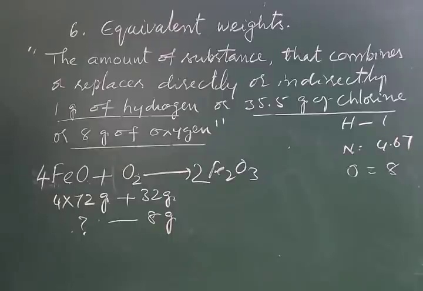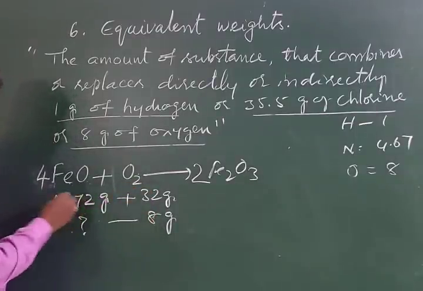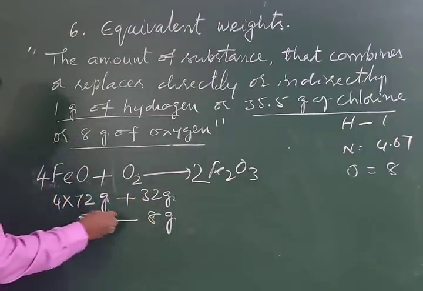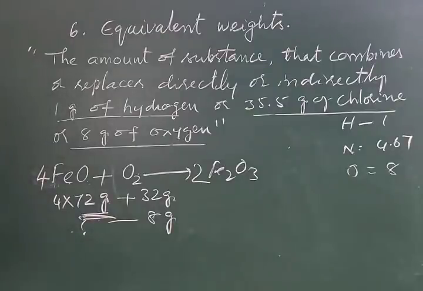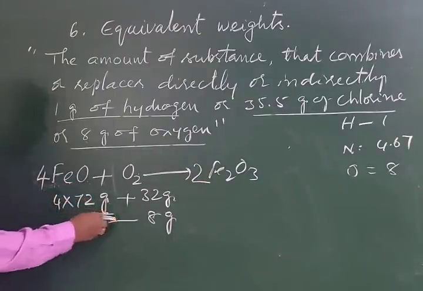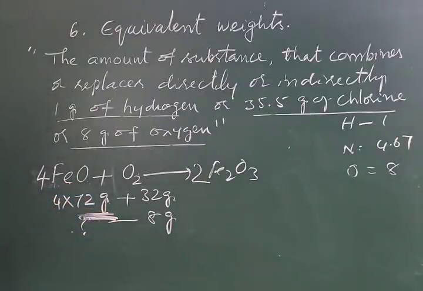How many grams of ferrous oxide is combining with 8 grams of oxygen here? This is 1/4 of this one. So 1/4 of this one is also 72. So the equivalent weight of ferrous oxide in this reaction is 72 grams.